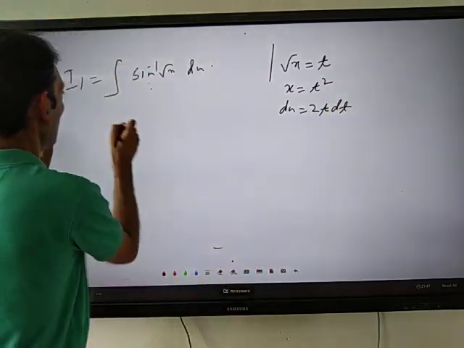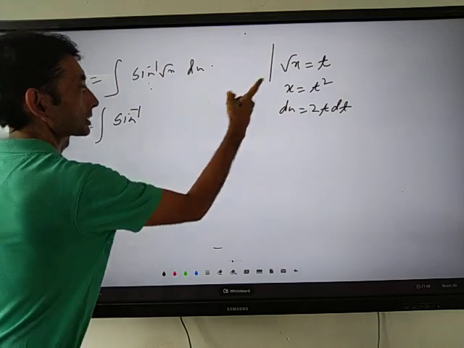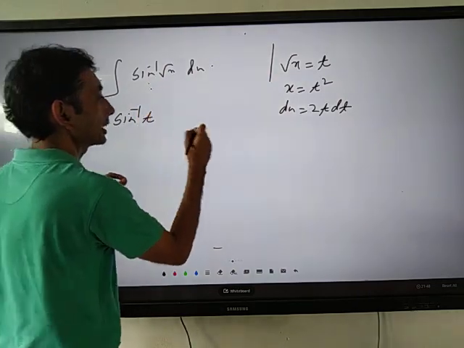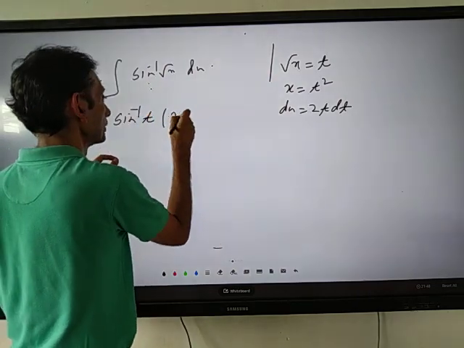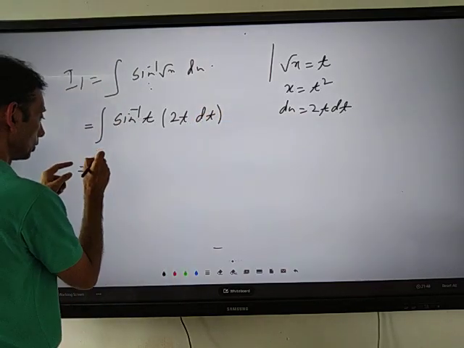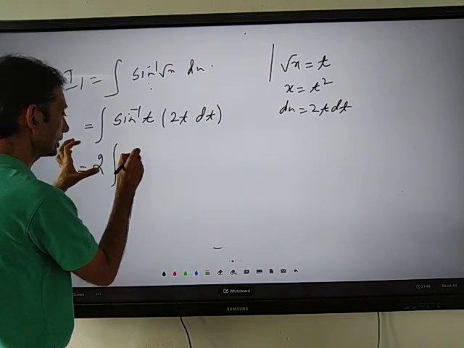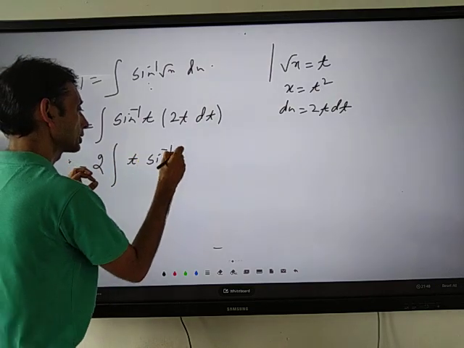This gives sine inverse root x equal to t, and dx equal to 2t dt. Next, we can write 2 as a coefficient, so it is 2 times the integral of t sine inverse t dt.